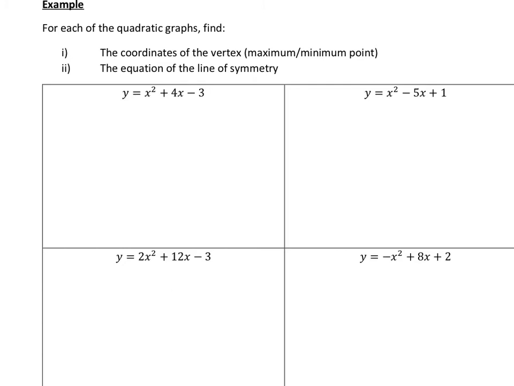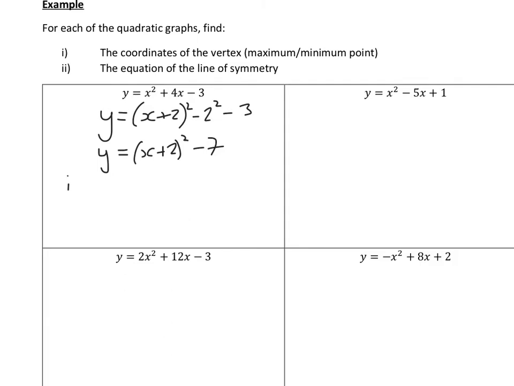If I want to complete the square on that, I do x plus 2 squared minus 2 squared minus 3. So y is x plus 2 squared, minus 4 minus 3 is minus 7.